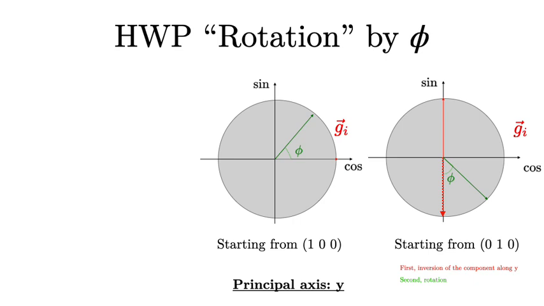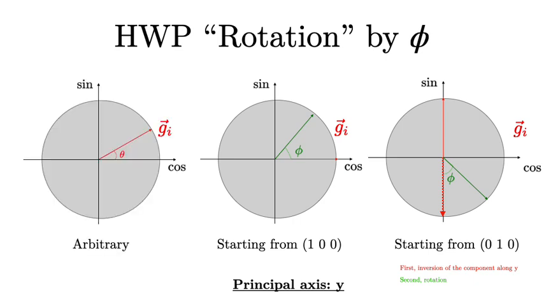And you can even convince yourself that in a general case, if you start with an arbitrary angle theta, the first effect is to invert the component along y, giving the dotted arrow, and second, to rotate by an angle phi. In this last example, I use a phi that's a bit bigger so that it's clear in the picture, but that's fine. It doesn't matter, phi is arbitrary.